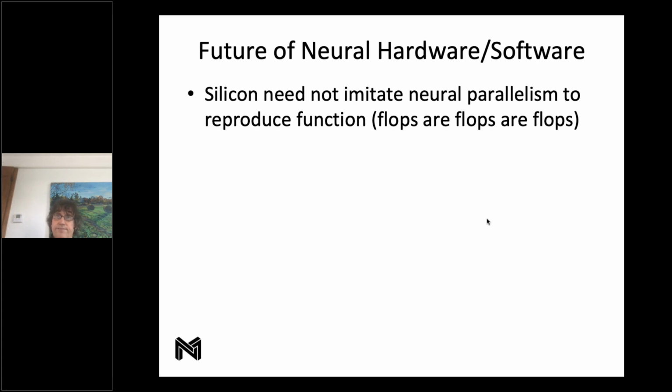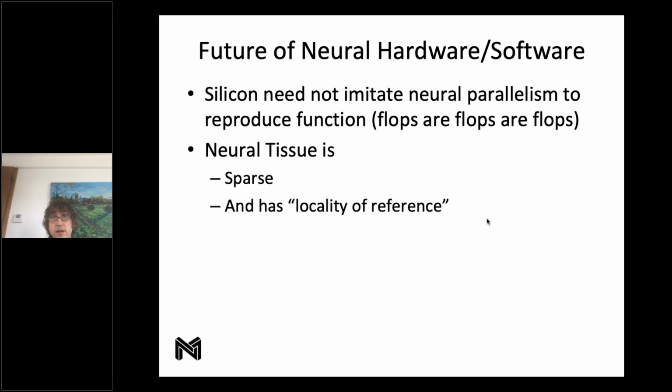So that's one thing to learn, okay? I don't need a massive parallel throughput computing device to compute a neural network fast. What I need is a certain number of flops. And what can I learn about this computation from neural tissue? Well, I can learn 2 things. One is neural tissue is sparse, as I showed you, extremely sparse, both in compute and layout.